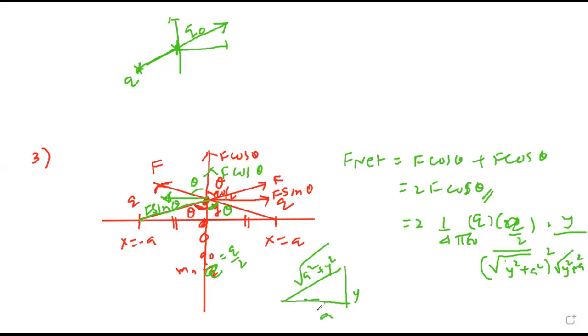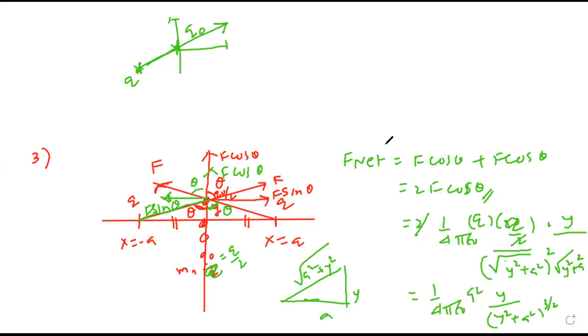Clear this also? Now this 2 we can cancel. So that means net force will become 1 upon 4 pi epsilon naught, q square into y upon y square plus a square raised to 3 by 2.